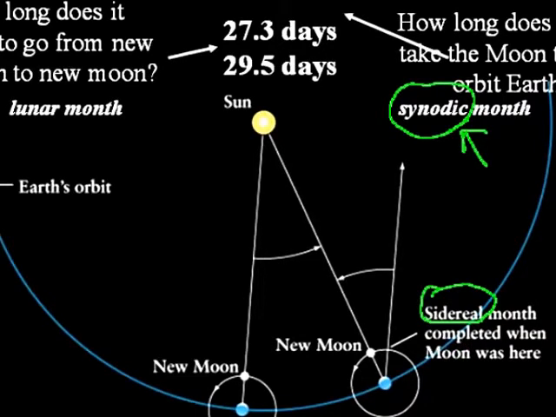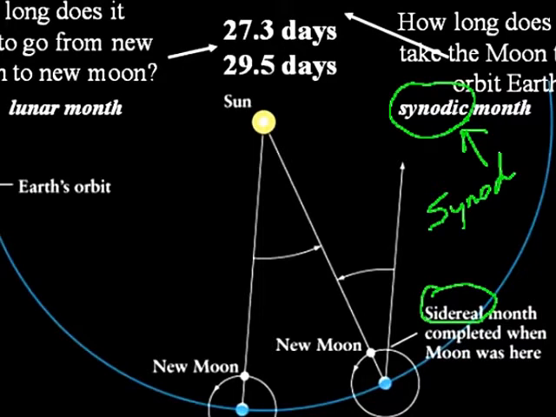A synod, S-Y-N-O-D, a synod is a meeting. That happens to be the word for meeting. And many groups, before they had calendars and clocks, would call meetings moon phases. So synod has the word related to meetings in it.